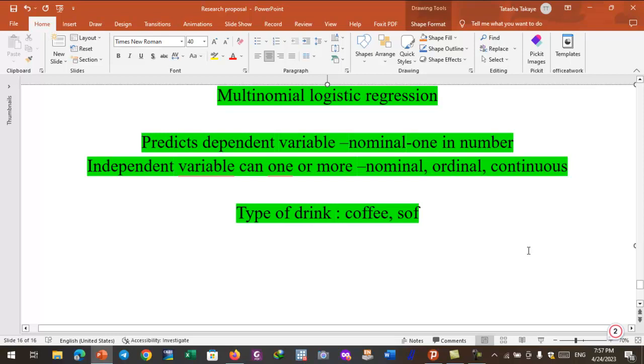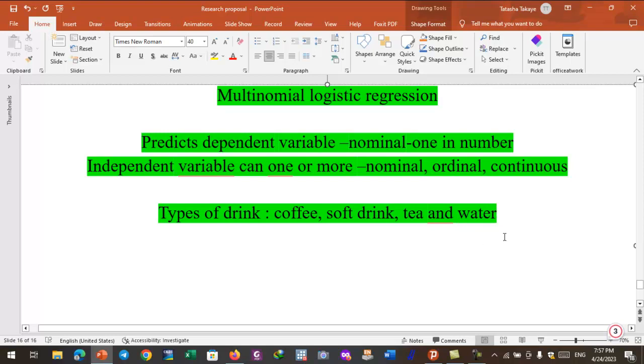A soft drink can be Pepsi, Mirinda, or Coca-Cola. Then tea, and finally water. These are the types of drink.